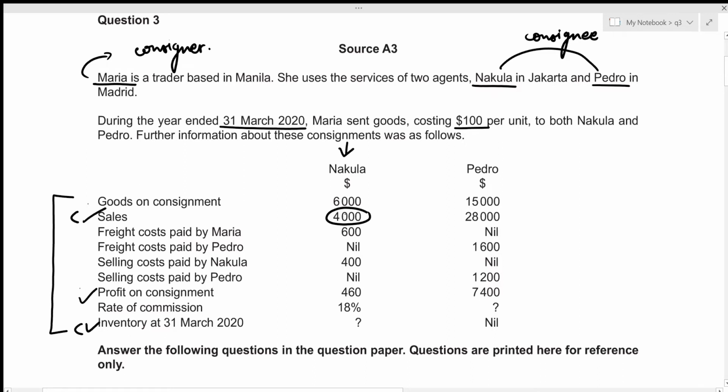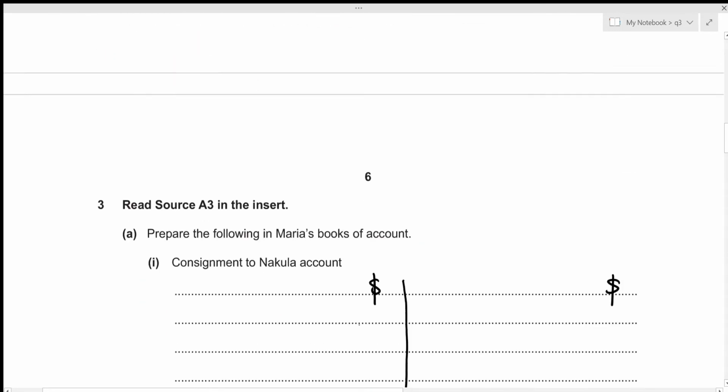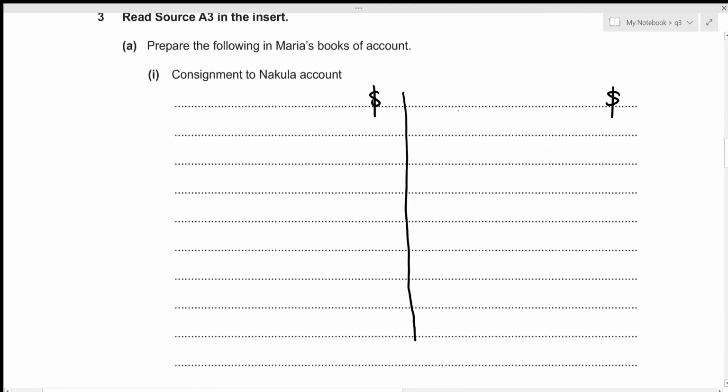So sales value is 4,000 and the closing inventory, we need to figure it out. So closing inventory will act as our balancing figure in this case. Let's write it down. We have the sales value, and this sales is made by Nakula, which amounted to 4,000. And then we have our closing inventory. So closing inventory in a consignment account is always recorded as balance c/d, and we need to figure it out.